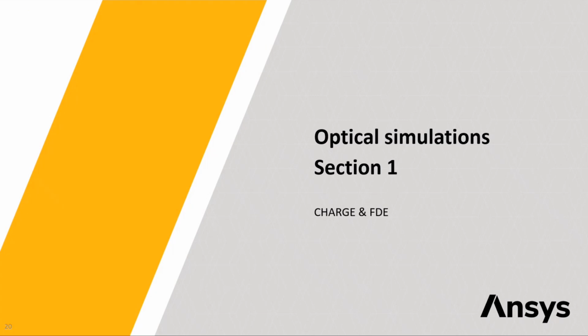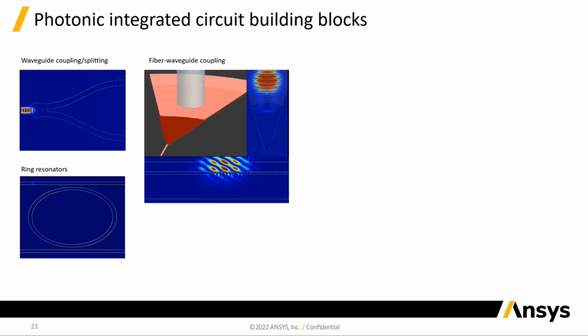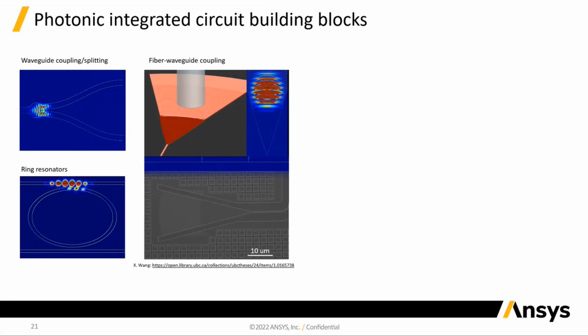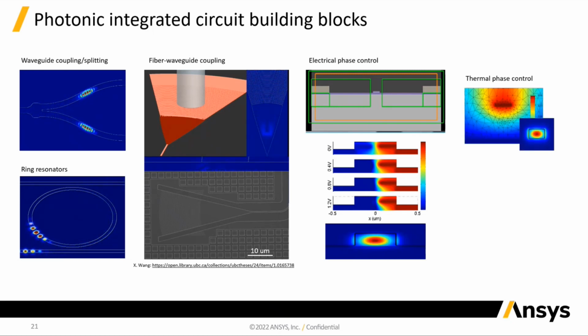So now we move into the first section, which is CHARGE and FDE. Okay, so here is the photonic circuit block we will build inside the CHARGE solver and the FDE solver.